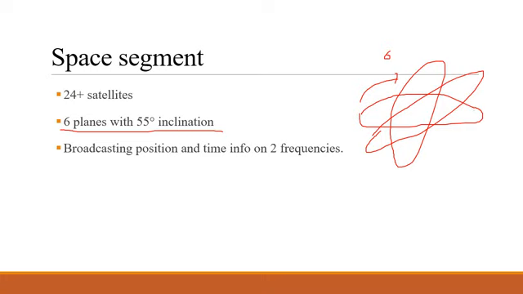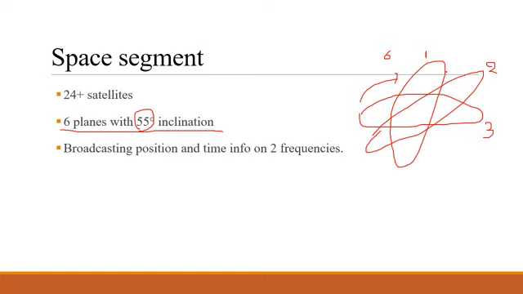I just want to say what a 55 degree inclination means. This is plane 1, the second one is plane 2, and this one is the third.